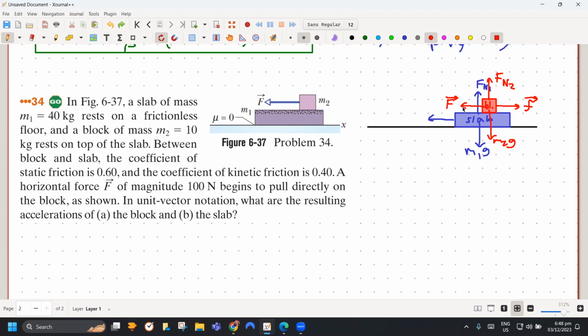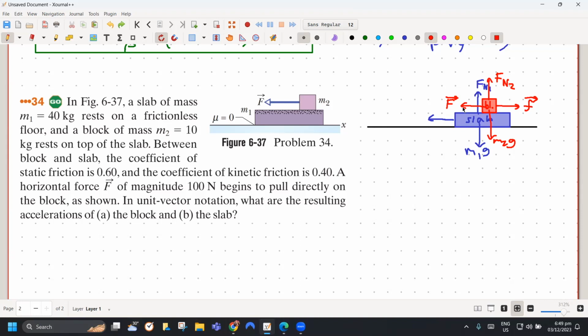The forces on the slab: the normal force, the force of gravity, and whatever the block is exerting on it. The force exerted by the block is friction. So, let's look at the forces on the block along the vertical.